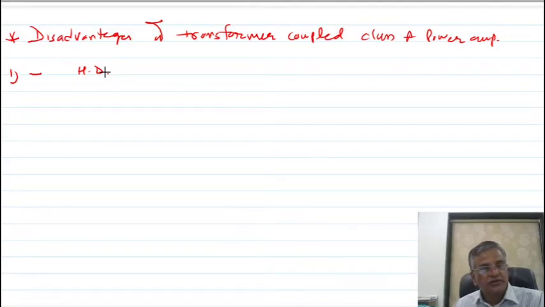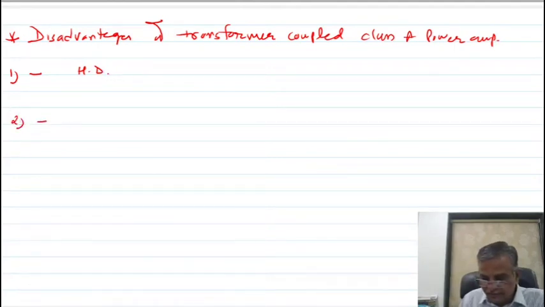Second order harmonic distortion is large, and second order harmonic distortion is more objectionable from the listening standpoint. So this is called a drawback or disadvantage of the transformer coupled amplifier.